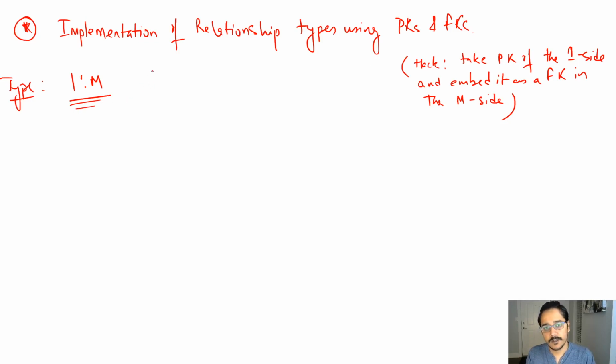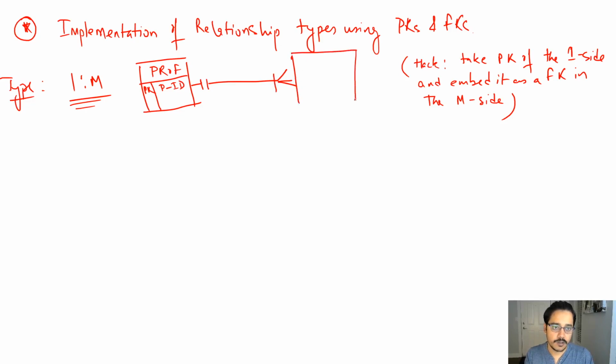So again, if you have professor and you have the primary key as, let's say, PID, which stands for professor ID, and then it is in a mandatory 1:m relation with student, and the relationship label is advices.